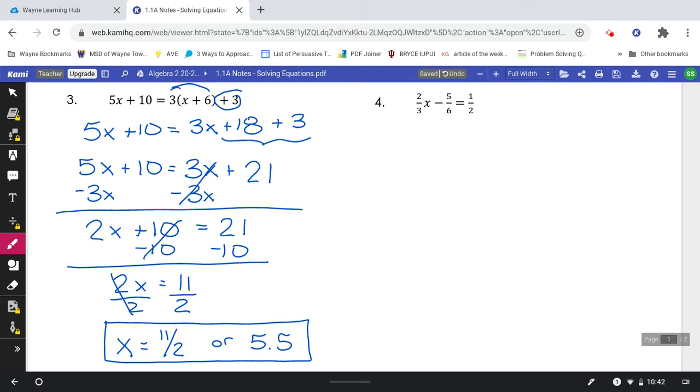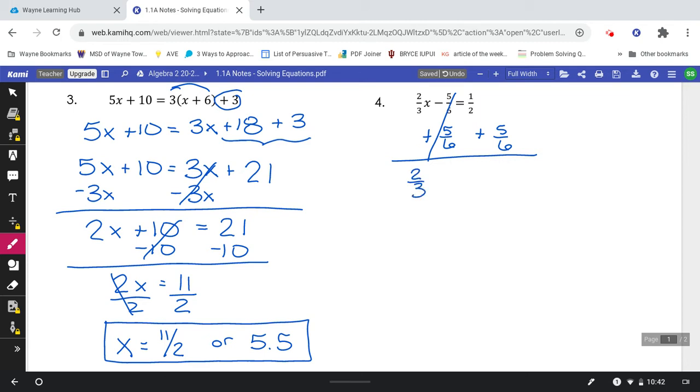Okay, problem number 4. This one's going to require us to use our calculator on our phone that we downloaded. Because our calculator does fractions, we can go ahead and type that in. So I'm going to set this up the same way I did before. I'm going to add the fraction 5/6 to both sides. Cancel those.